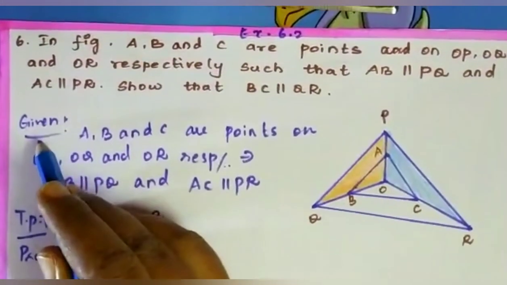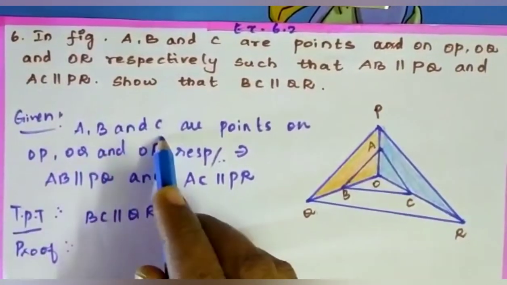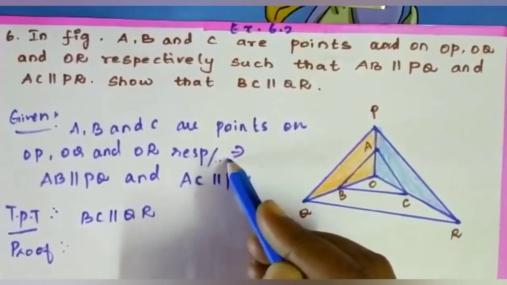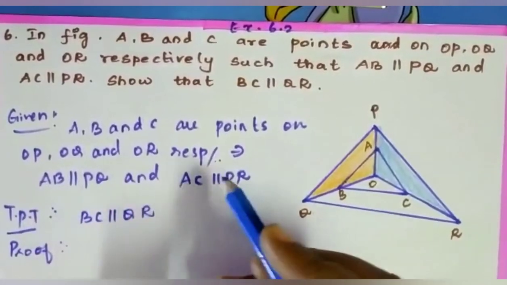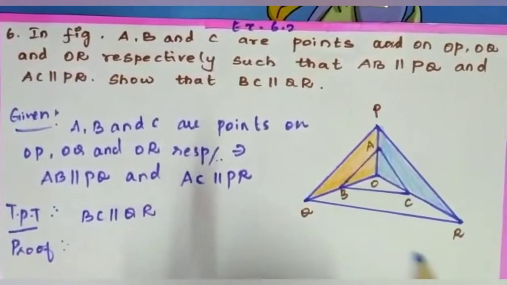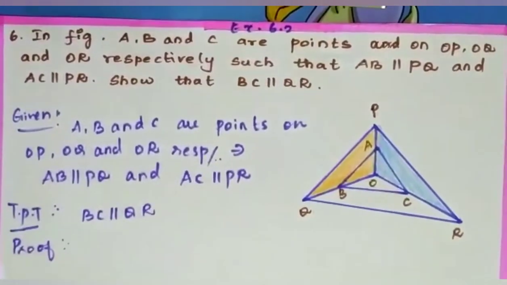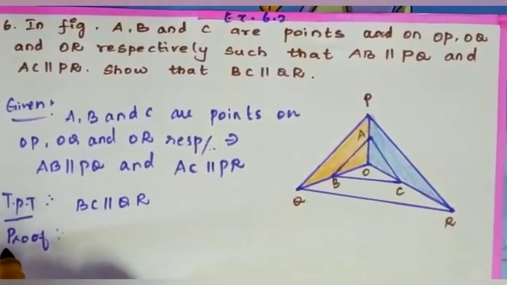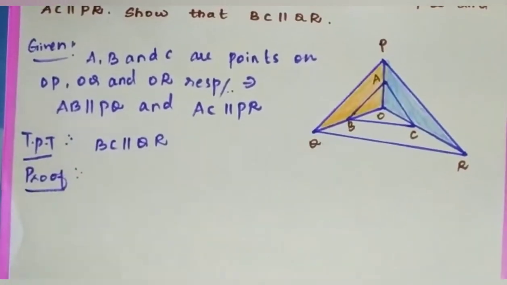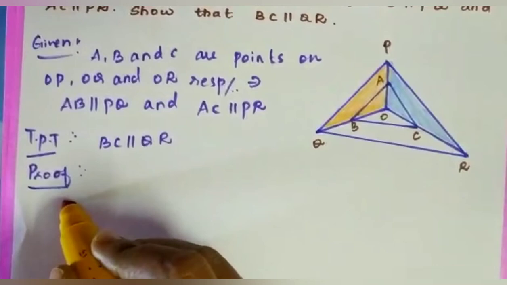Clear? So first you have to write given. A, B and C are the points on OP, OQ and OR respectively, such that AB parallel to PQ and AC parallel to PR. You have to prove that BC parallel to QR. Then proof. First triangle.